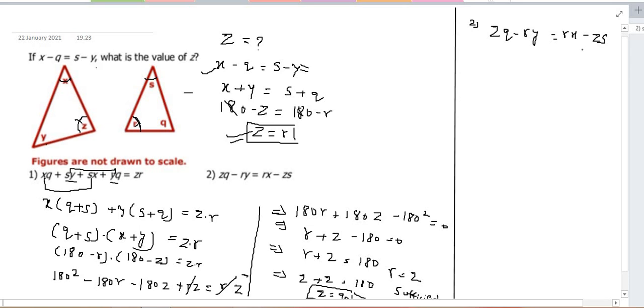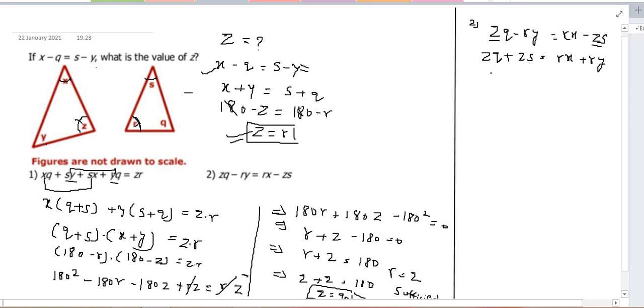So what do we do here? Let us keep the terms with Z together, and the terms that have R, let us keep them together. So that will be ZQ plus ZS is equal to RX plus RY.